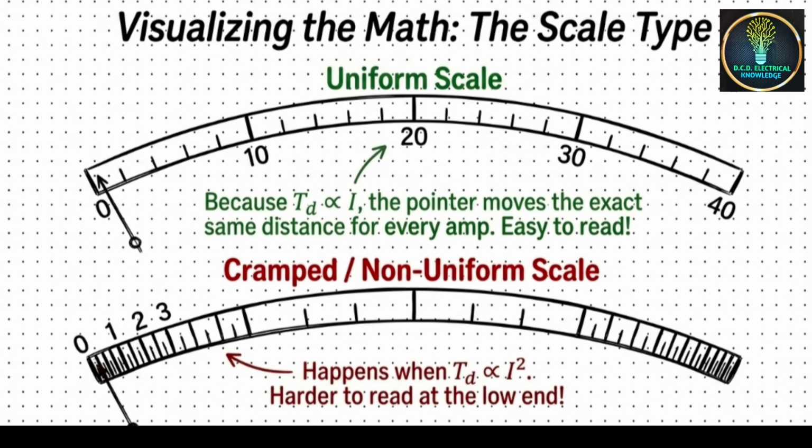On the other hand, cramped or non-linear, that is non-uniform scale, happens when TD varies with I square. Harder to read at low end.